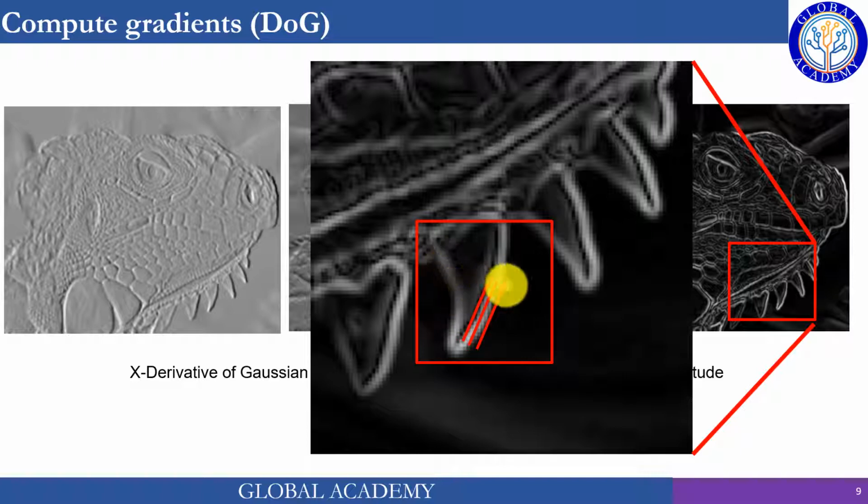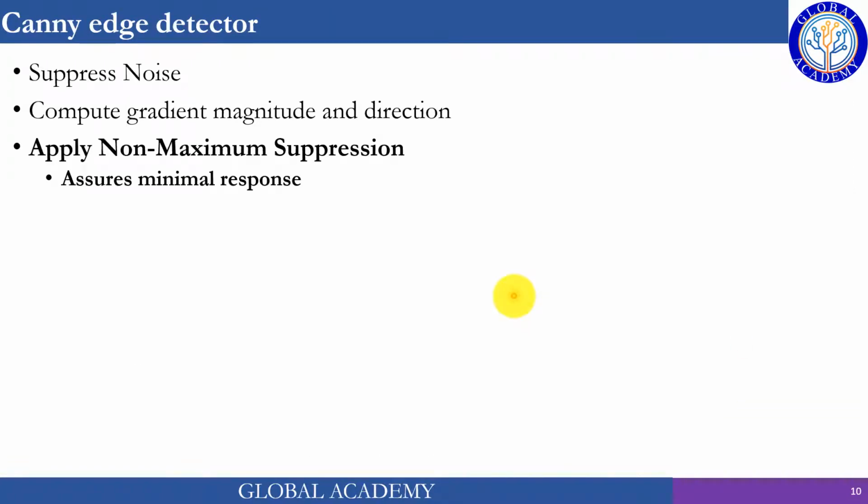So that's the problem of the Canny edge detector. We are done with the first two steps, noise suppression and gradient computation, magnitude and direction. Let us discuss applying non-maximum suppression, which assures minimal response.